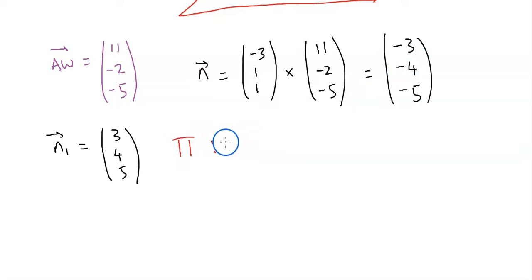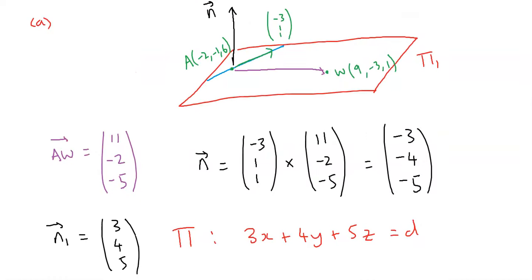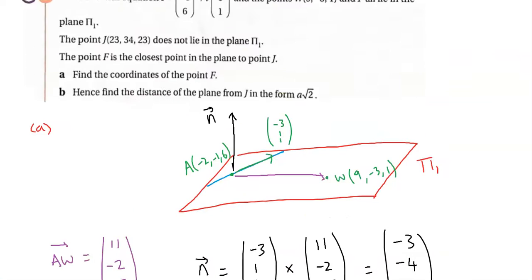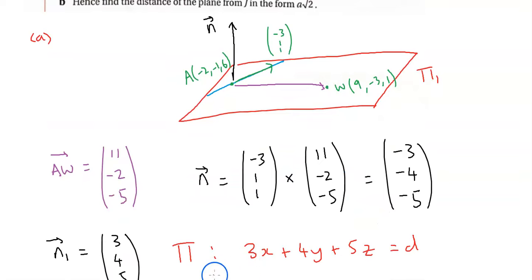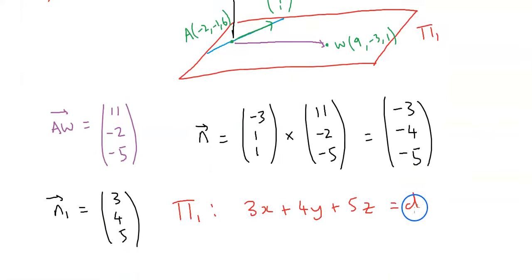And so we can write the equation of our plane pi as 3x plus 4y plus 5z is equal to d for some constant number d. Oops, plane's called pi 1, not pi. Alright, so we can go ahead and find d by observing that, for example, (9, -3, 1) is a point on the plane. So if we put in x equals 9, y equals -3, z equals 1, it should satisfy the equation.